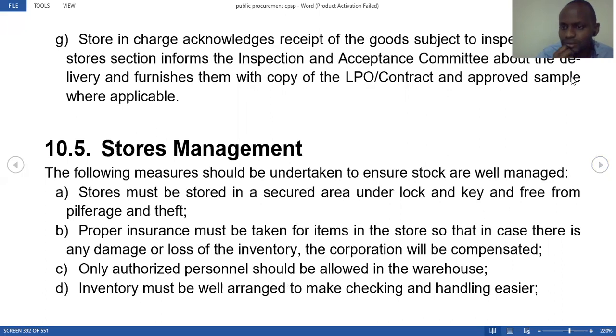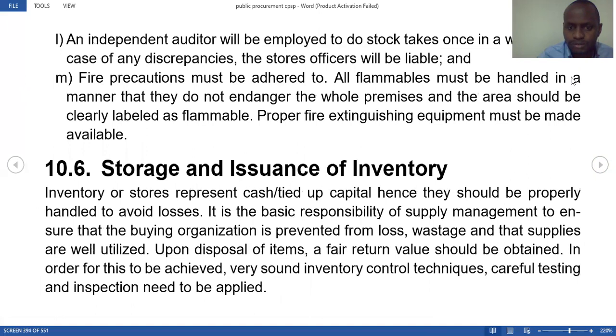Once in a while, it is very important to insure your items so that in the event of any peril or anything that happens, the insurance company can indemnify the risks. Then only authorized personnel should be allowed in the warehouse. Inventory must be well arranged for purposes of taking stock.